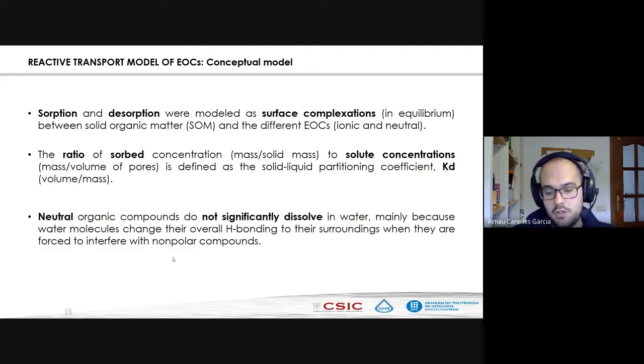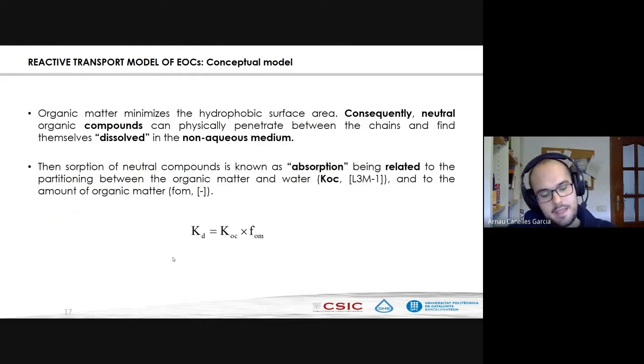But it will also make the point that these organic compounds, whenever they are in this neutral form, are not significantly dissolved, and therefore cannot be that significantly sorbed or degraded. The fact that this occurs makes us define a constant for this sorption, related to the partition coefficient and the amount of organic matter that we have in our subset of columns.